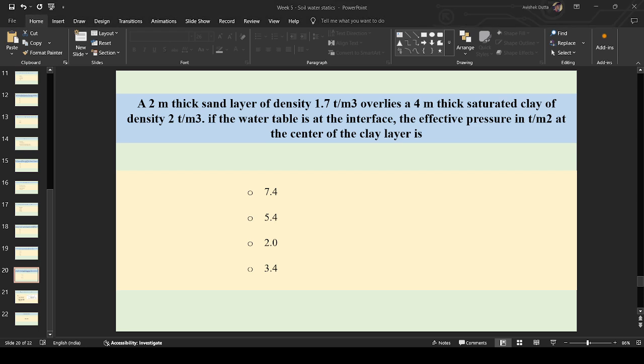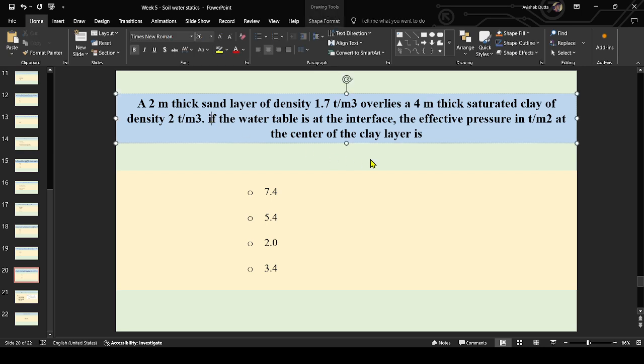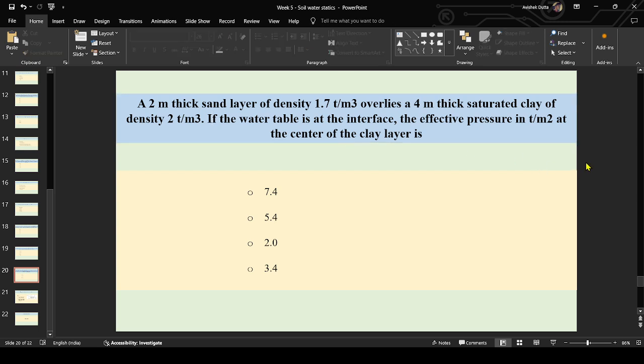A 2-meter thick sand layer of density 1.7 ton per meter cube overlies a 4-meter thick saturated clay of density 2 ton per meter cube. If the water table is at the interface, the effective pressure in ton per meter square at the center of the clay layer is.